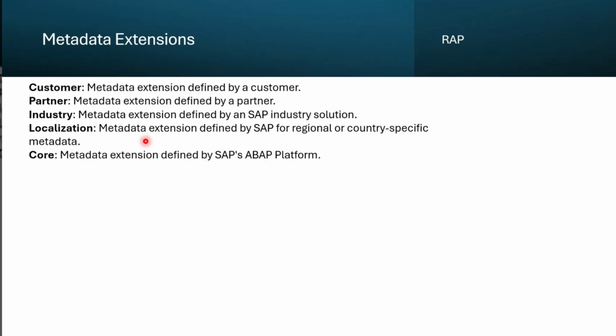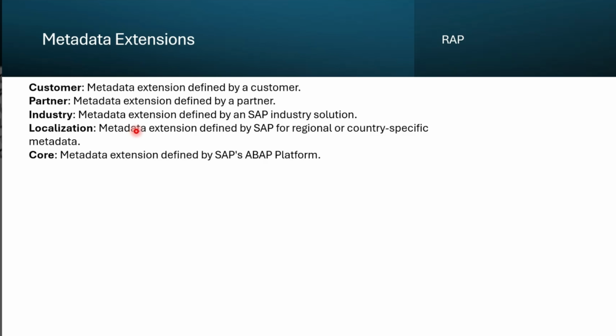Customer is mainly defined for the customer, and partner is defined by the customer's partner. Industry is the value we give whenever the metadata extension is for a particular SAP industry solution.